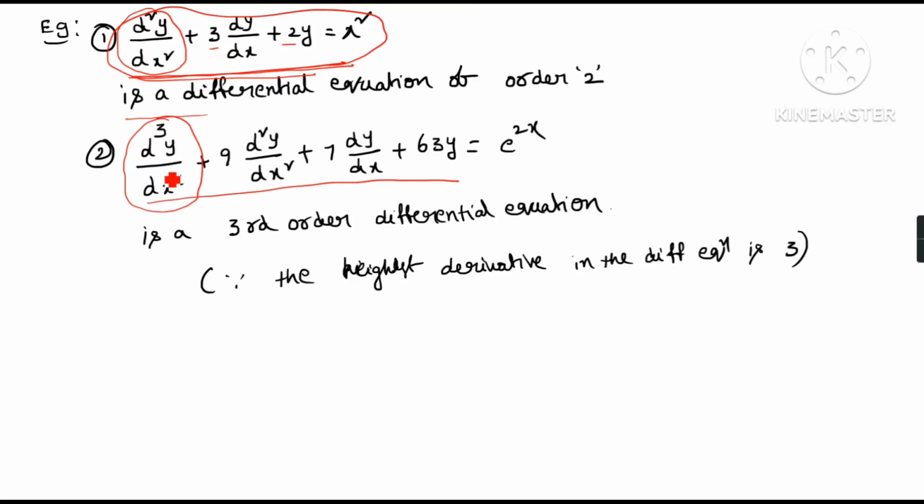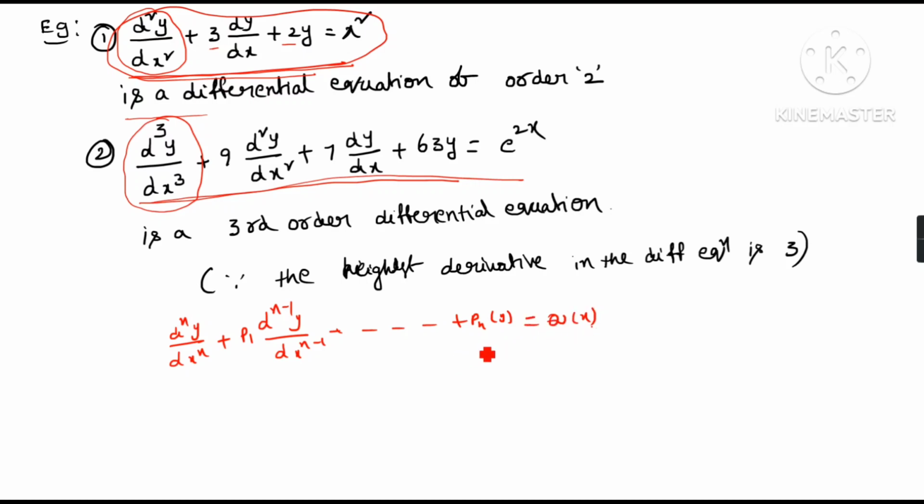Now the solution of this differential equation. Normally the general differential equation, as I said, is d^n y by dx^n plus p1 into d^(n-1) y by dx^(n-1) plus and so on plus pn y equals q of x. This is the general nth order differential equation.